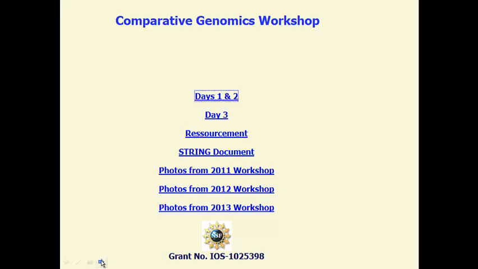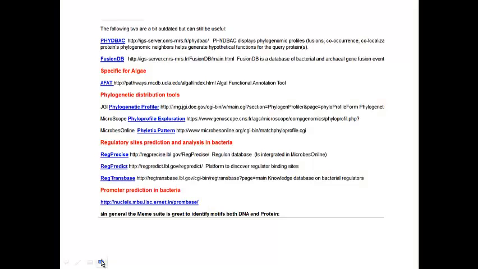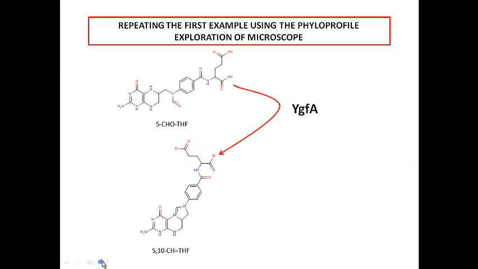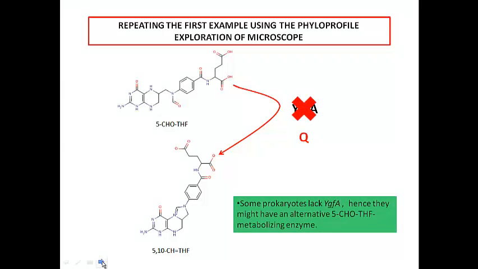Please go back to our Comparative Genomics Workshop webpage and click the link for Resource MicroScope. Scroll down to find the link for the PhyloProfile exploration of MicroScope and click on it. You are now on the MicroScope main page. We are going to repeat the first search example using this new tool. Remember, in the first example, we looked for an incognita Q which had the same functional role as YGFA.